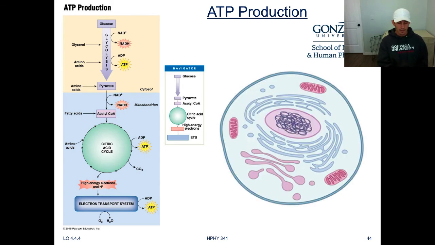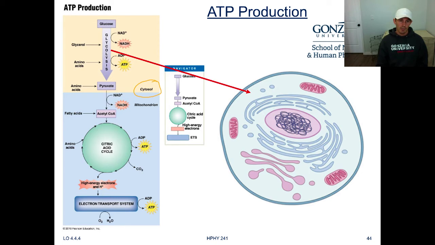All right, so another thing to point out before we begin talking about these in detail is where they're occurring in the cell. That's important to know. When we talk about glucose, the first step in breaking down glucose is glycolysis. This occurs in the cytosol. So it can occur anywhere in the cytosol, which means those enzymes and intermediates that are necessary for glycolysis are present in the cytosol.